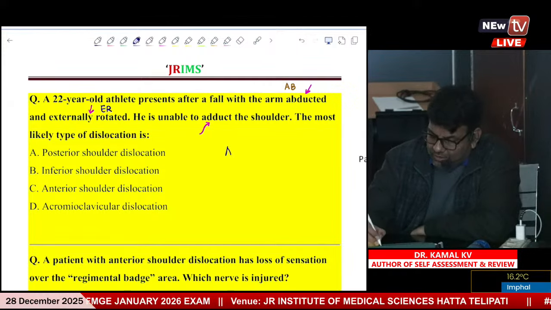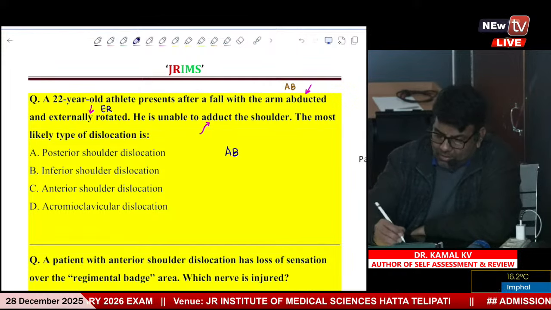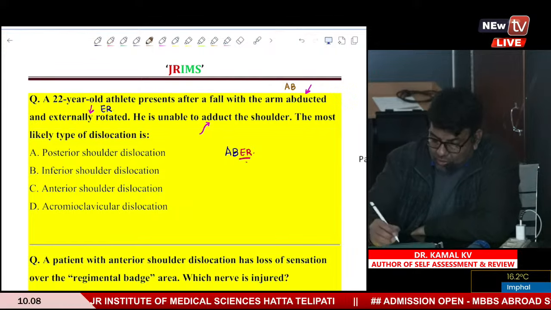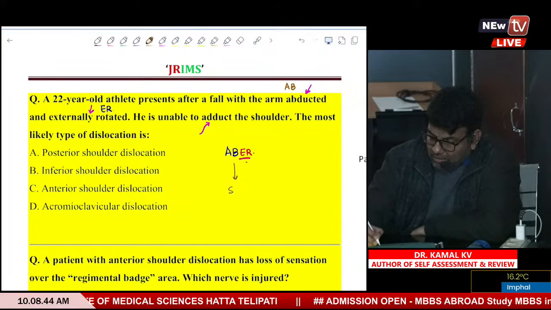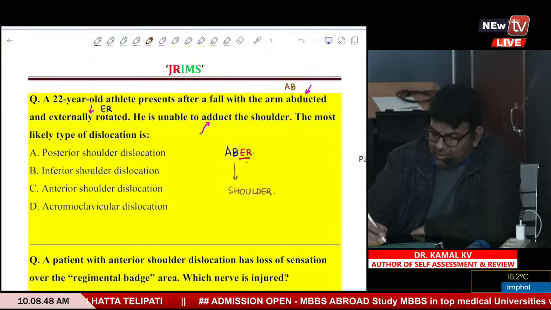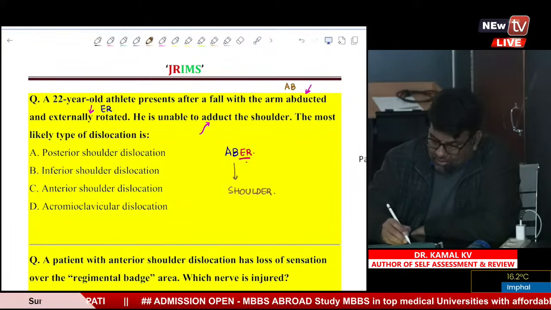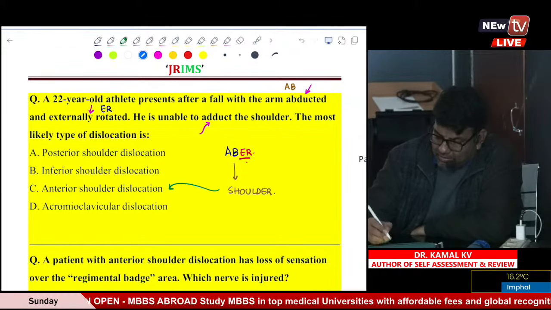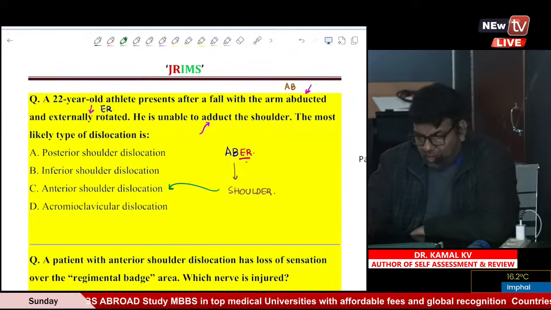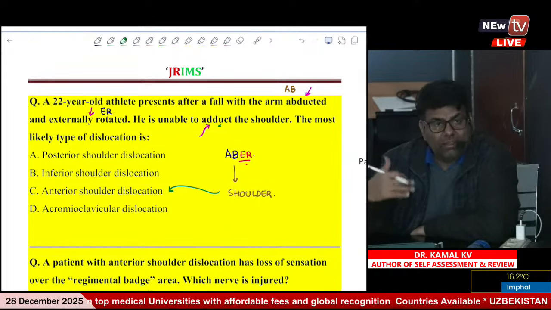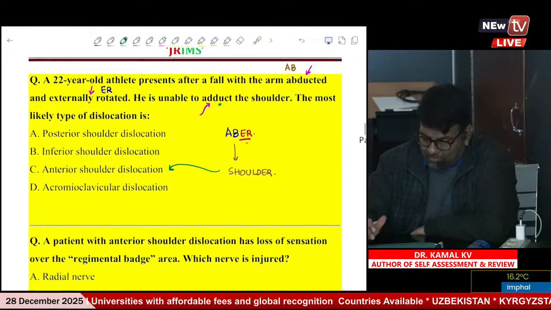The moment you have this word, yes, abduction external rotation in shoulder joint, go for anterior shoulder dislocation, right? So the answer will be anterior. So is that clear? So this is how you can, and yes, the opposite movement will be not possible.